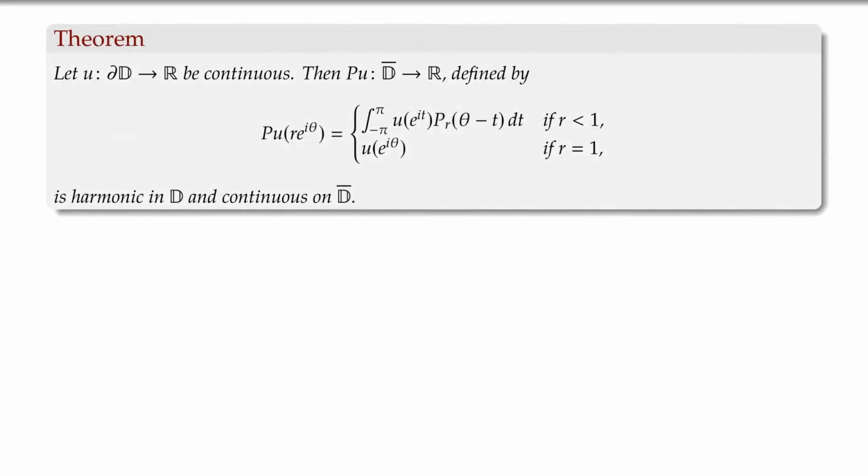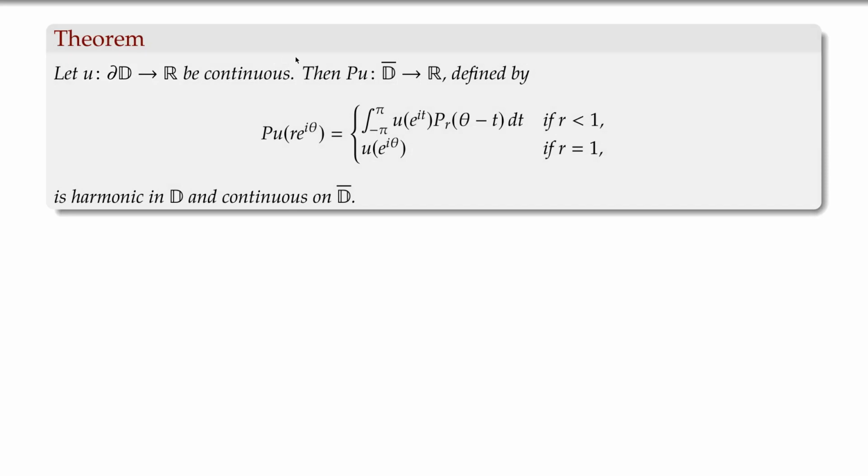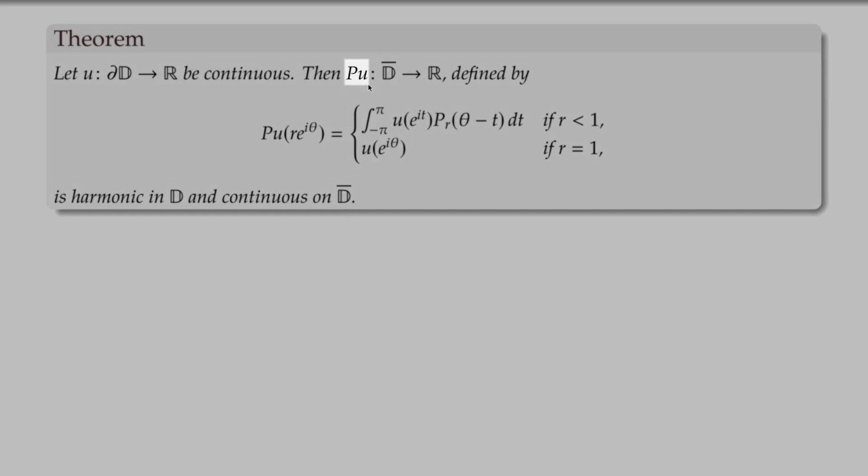Now that we have this proposition about how the Poisson kernel behaves, some basic properties, we can show that we actually have a solution to the Dirichlet problem in the disk. So suppose that we have a continuous function u on the circle. Then we define this p sub u, the Poisson transform, or Poisson integral.